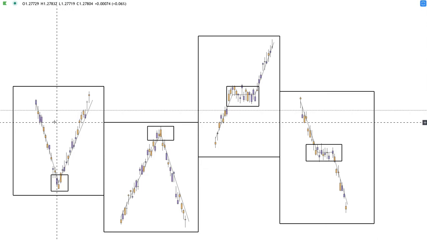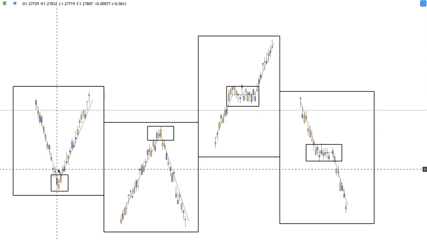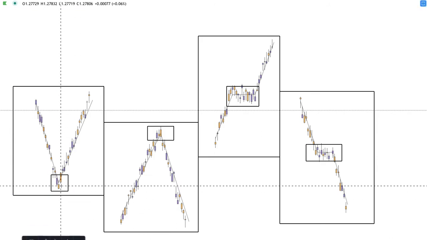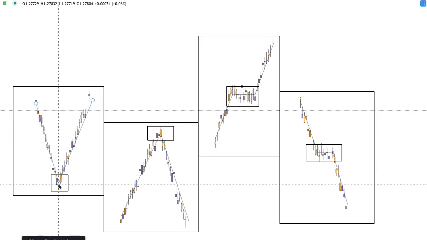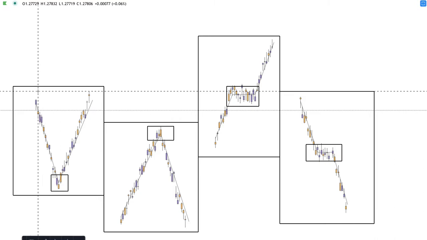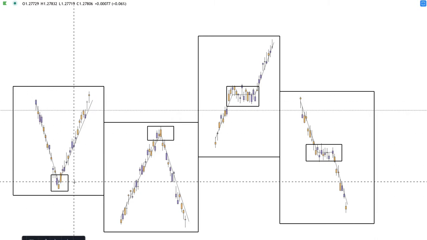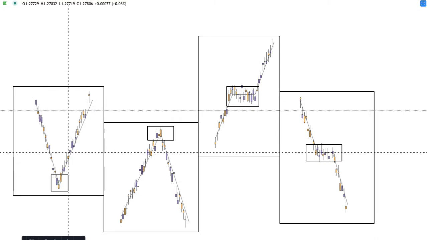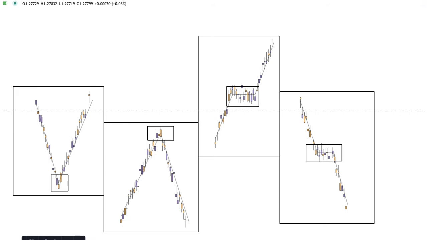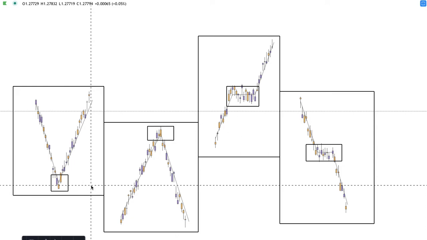Now, once we've identified our supply and demand zone, and we agree that the bank did buy here because the price dropped, we had a balance, and an imbalance was created, we now wait to get in on the second entry, right?